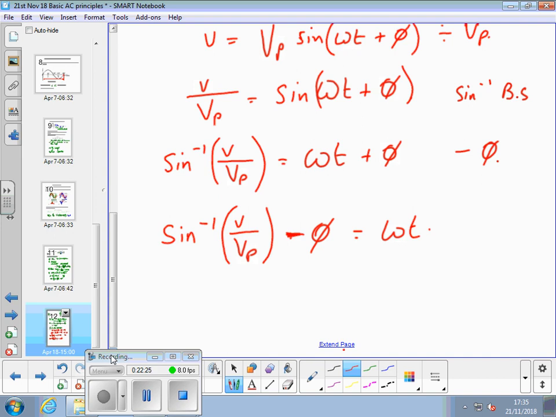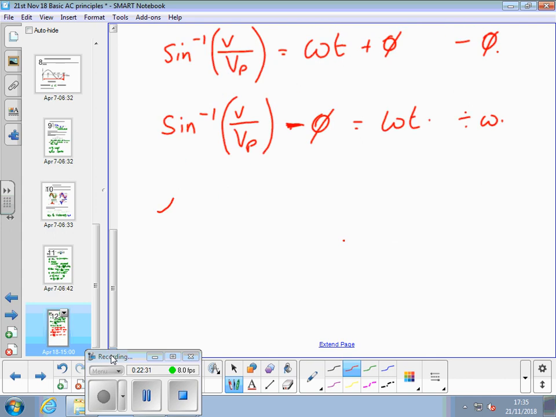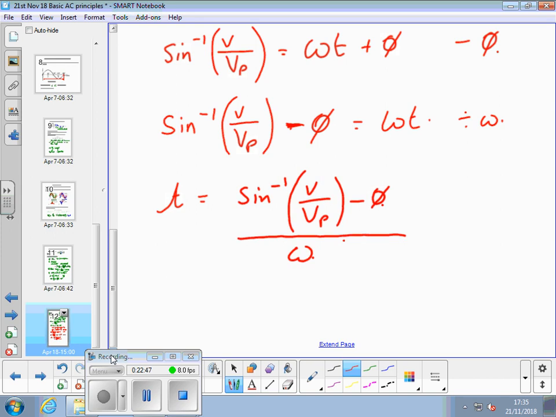And then divide by omega. So I'm going to shift t over to this side because that's what I want to find. t is equal to sine to the minus 1 little v over vp minus theta all divided by omega.